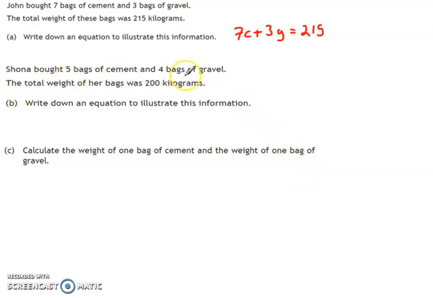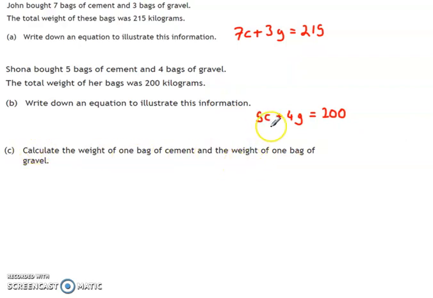Second one, we've got 5 bags of cement, 4 of gravel, 200 kilos. So I've got 5 bags of cement, and I've got 4 bags of gravel, so 5c plus 4g, that's going to equal 200 kilograms. So there we go, I've got my second equation there. Now it wants the weight of 1 bag of cement and 1 bag of gravel.